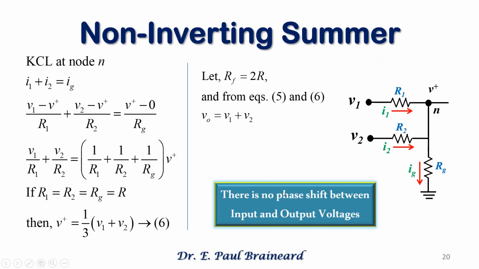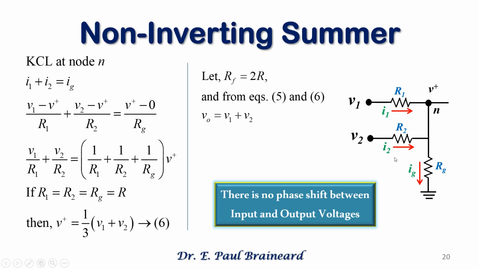Now let us apply KCL at node N. Let me call the current flowing through the resistor R1 as I1, the current flowing through the resistor R2 as I2, and the current flowing through the resistor Rg as Ig. Applying KCL at node N, I1 plus I2 is equal to Ig. I1 is V1 minus V plus divided by R1.